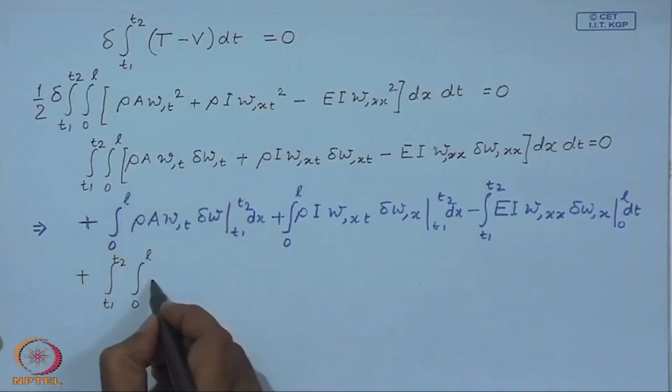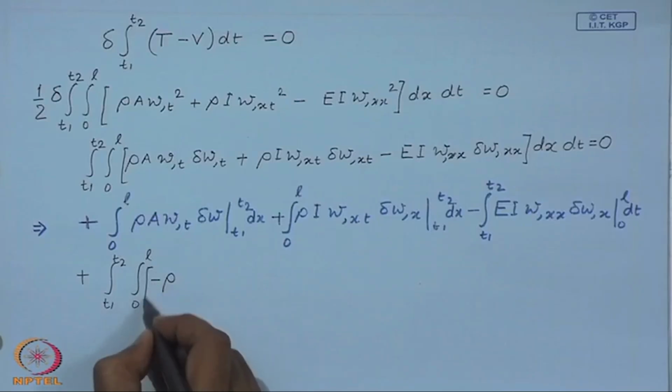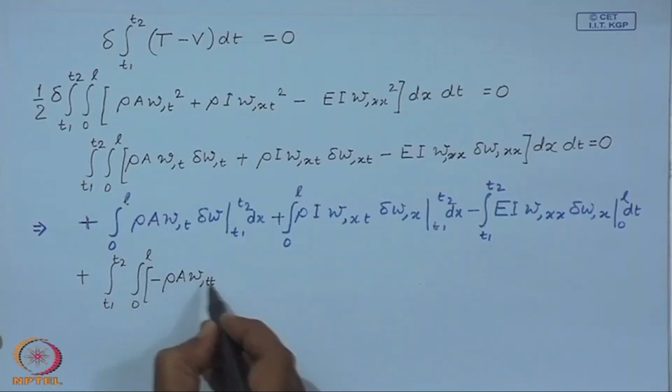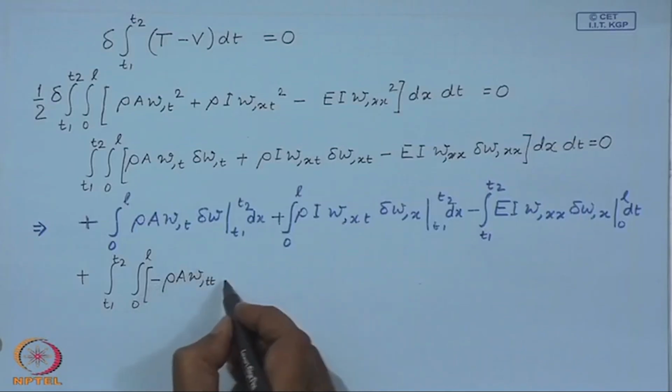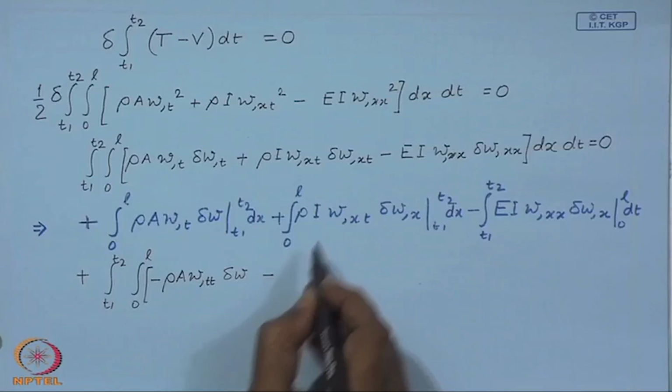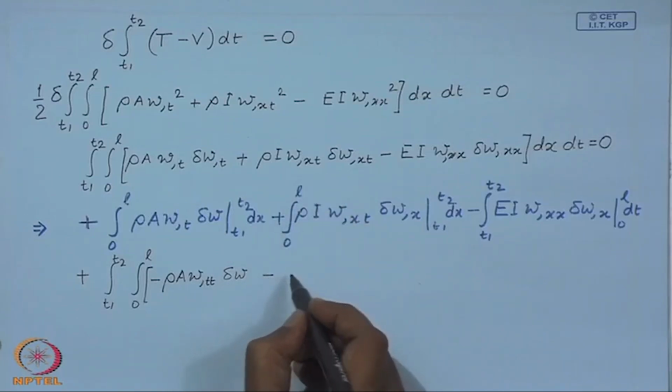So, this will get a derivative with respect to time with a negative sign. This will get similarly this.